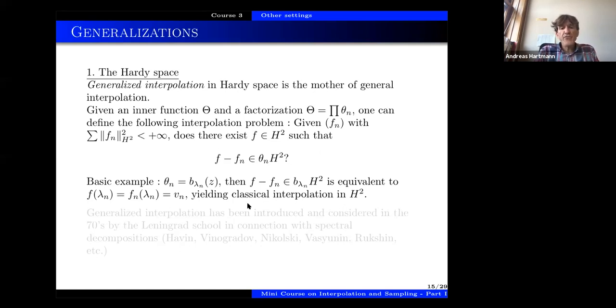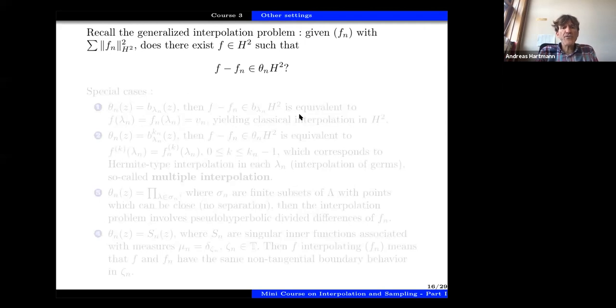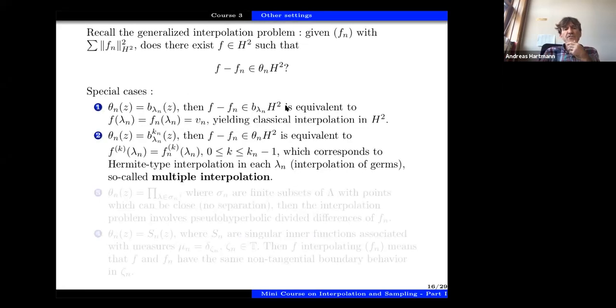This notion was introduced in the Leningrad school in the 70s by these people. I want to just mention this more general interpolation problem.